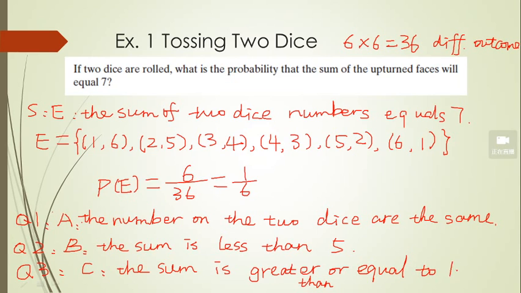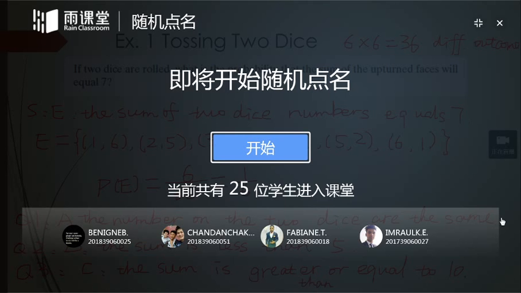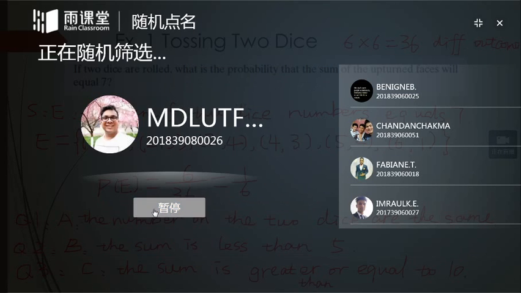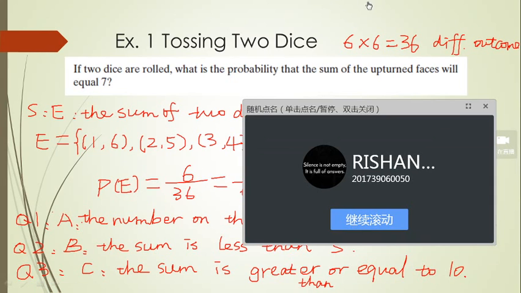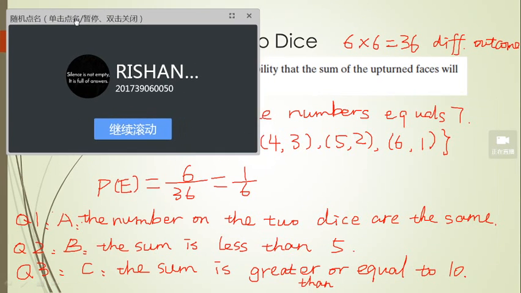Now I'm going to ask 3 students to answer the probability of each one. Jasmine, are you available? I think Jasmine also takes this course. Jasmine, what is the probability of event A? Please answer in the WeChat group.